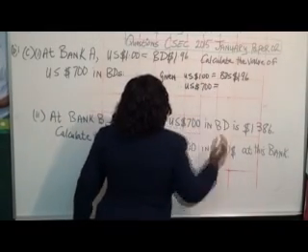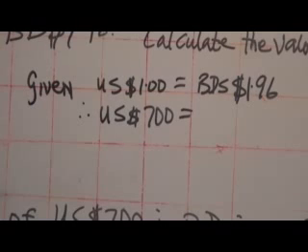So, when we are given US $700, do we expect to get more or less BDS dollars? Do we expect to get more or less than $1.96? And what is the answer, Jetta? $1 is equal to that.